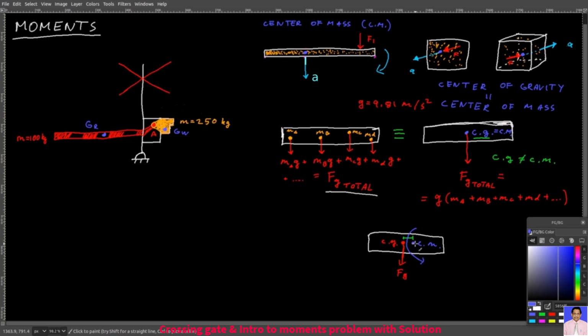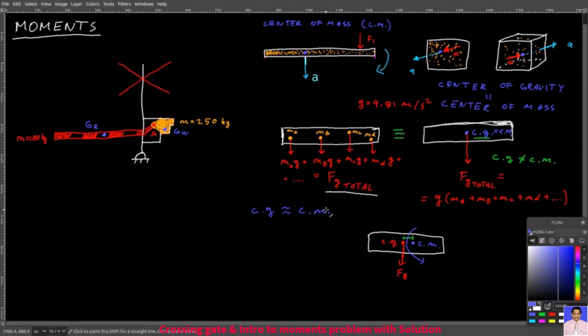and that would cause the rod to rotate about the point of Cm, the center of mass. However, in most of the everyday applications, the difference between them is so tiny that you can simply say that Cg is more or less equal to Cm. In most everyday applications, you can easily make this assumption. Their difference is negligible.